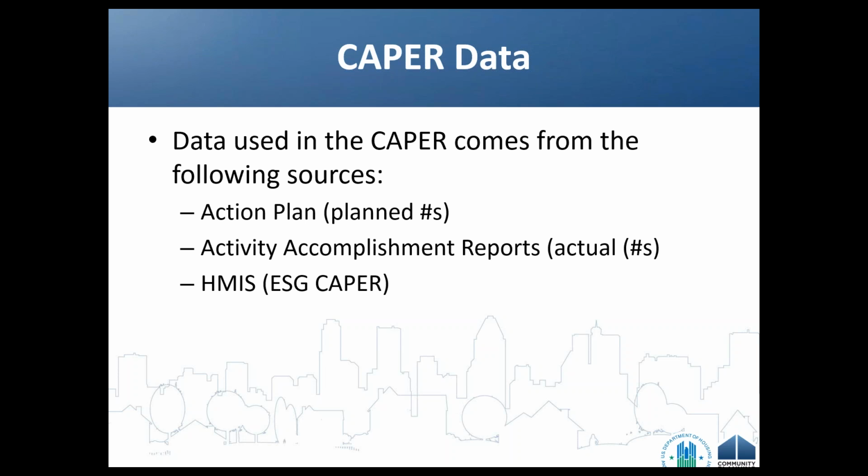Based on the poll, a lot of you actually do the action plan, so if you're familiar with it, there is a goal screen in the action plan, AP20, and the goals come directly from that screen. So when you look at your CAPER, and Chris will show you a couple of examples, if you're wondering where those plan numbers come from, that's exactly where.